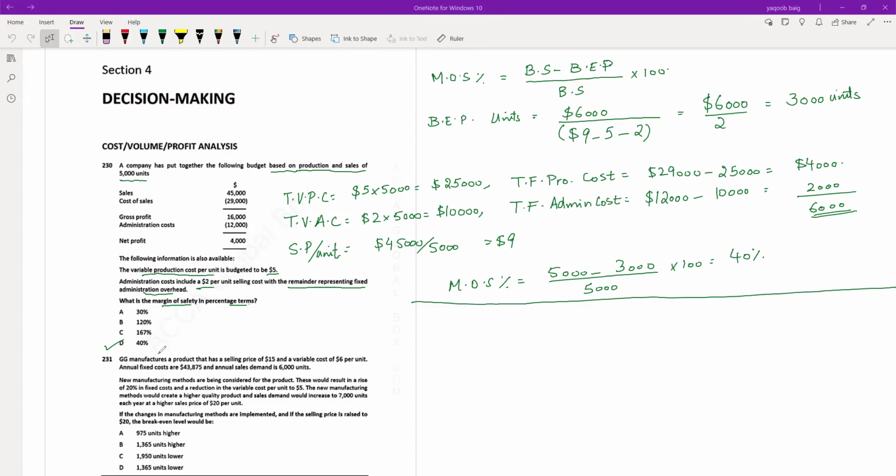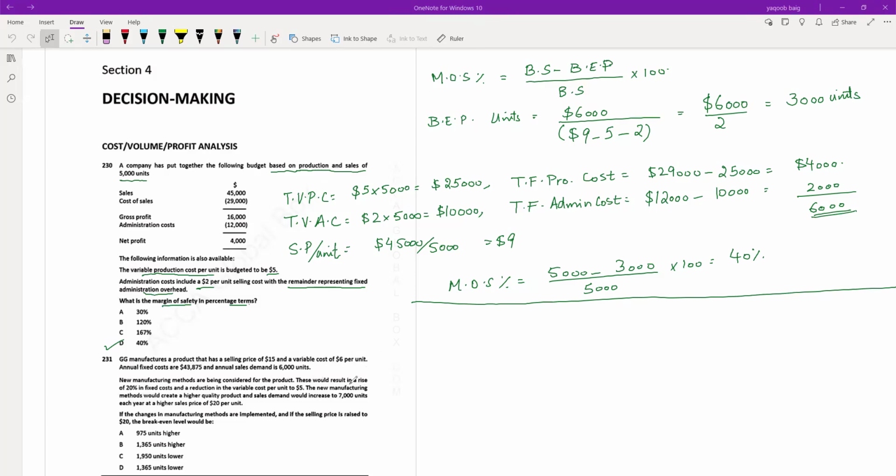GG manufactures a product that has a selling price of $15 and a variable cost per unit of $6. Annual fixed overheads are 43,875 and annual sales demand is 6,000 units. New manufacturing methods are being considered for the product.